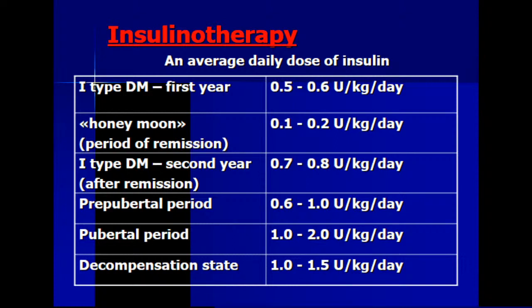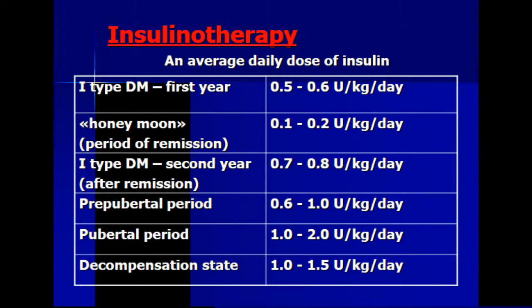Second year, after the period of remission, the insulin dose again increases up to 0.7 to 0.8 units per kg per day. Pre-pubertal period: 0.6 up to 1 unit per kg per day.